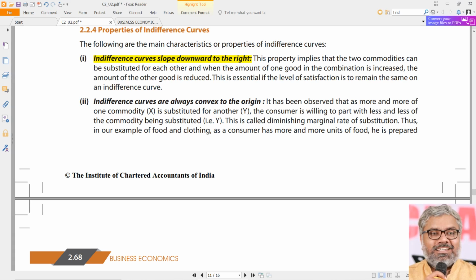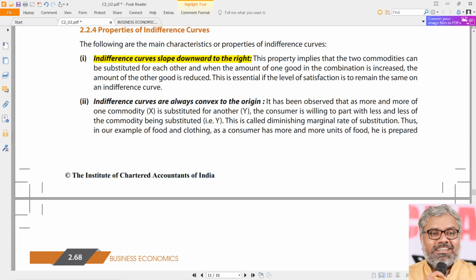Why does that happen? It happens because as we increase the consumption of one commodity, in order to get the same level of satisfaction, automatically we have to decrease the consumption of the other commodity. If you don't decrease, then the satisfaction will be higher, it will not be the same.